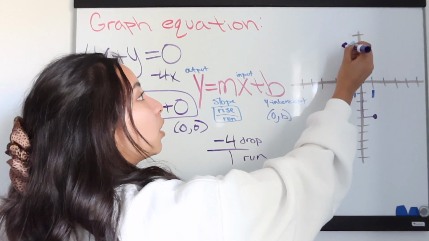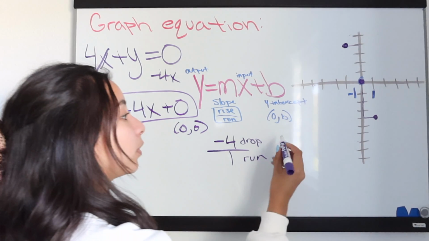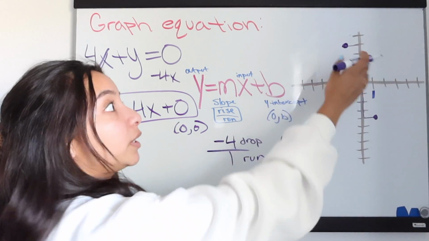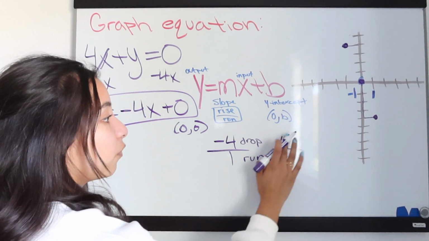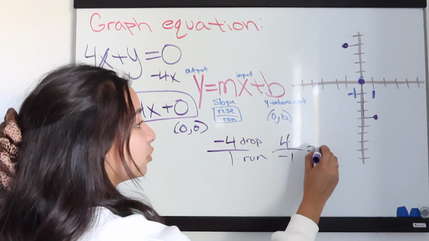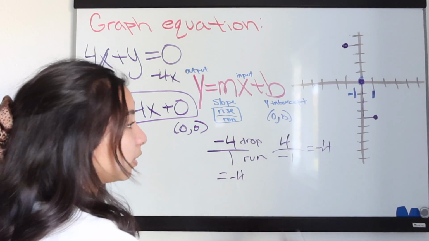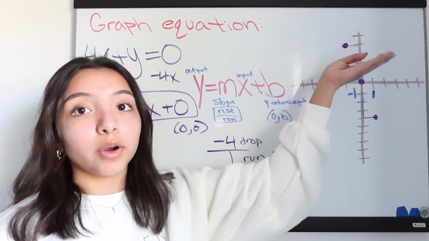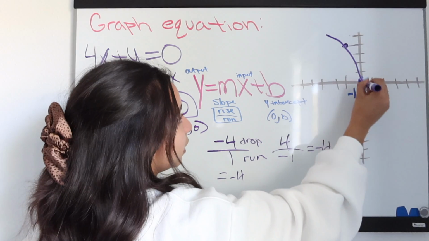So this would be our other point. And going up 4 is okay, because if we're going up 4 and we're going to the left 1, it would be -1. So 4 over -1 is just -4, and -4 over 1 is just -4. So going up 4 and left 1 is okay. And this would be our line.